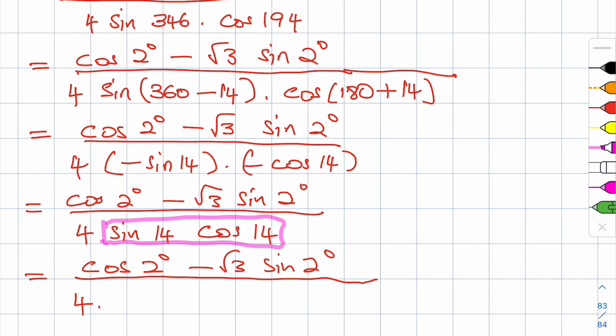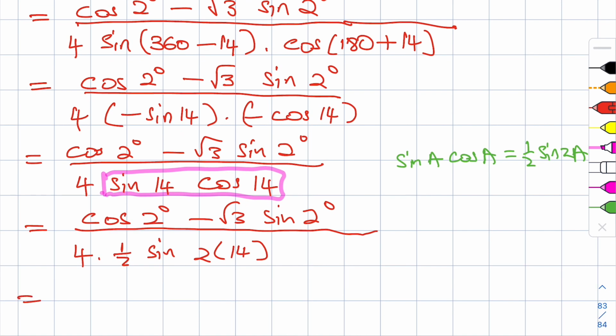we use the fact that sine A cos A, as long as we don't have a 2 in front here, it's going to be just half sine 2A. So therefore, this will give us a half. Then we have sine 2 times 14. So numerator is still the same.